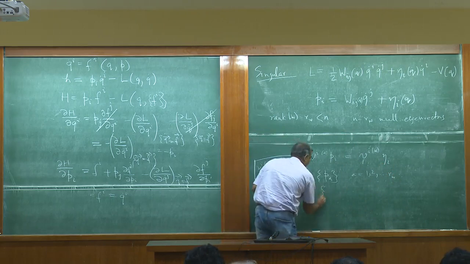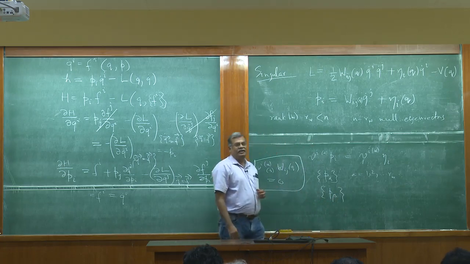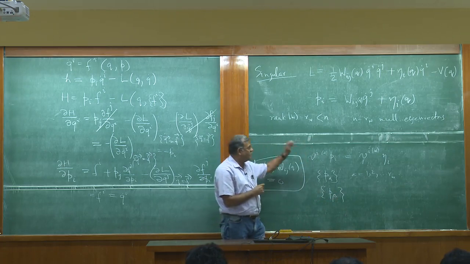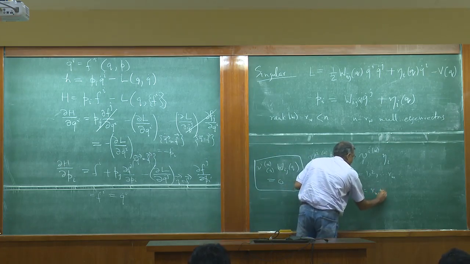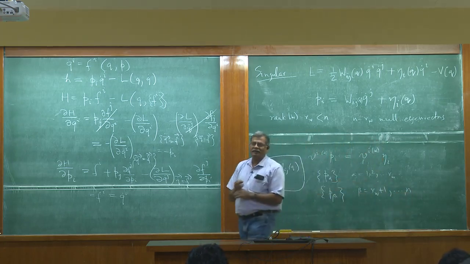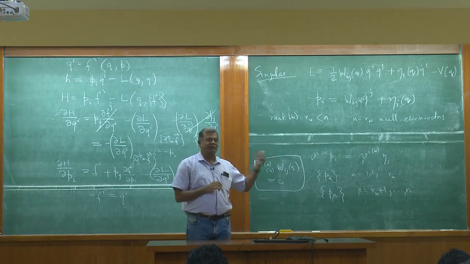And again, just for convenience, we are going to use Greek letters to indicate the ones which are still constrained, which will not be independent. So alpha and beta typically go from R_W plus 1 to n. All the Greek indices are the constrained ones. This is just for notation, it makes life a little bit easier later on.